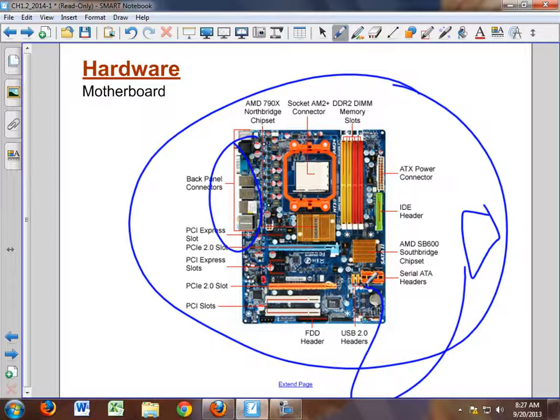And the motherboard is what transfers all information. Everybody thinks of the CPU as the brains of the computer. If I have a really fast CPU and the motherboard is really slow in comparison, do I overall have a fast computer?